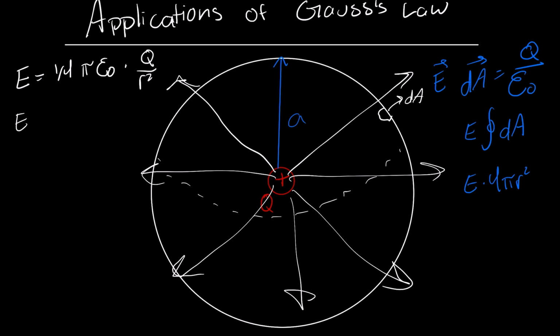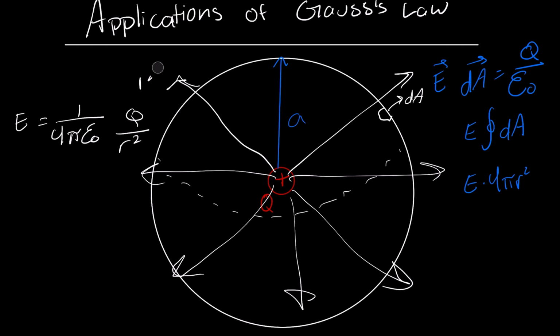So we have 1/4 pi epsilon naught Q over radius squared. I'm going to put it in a square because this is the formula that we want to be using.